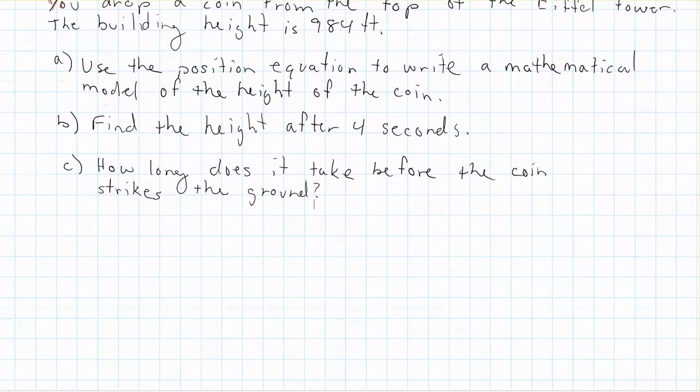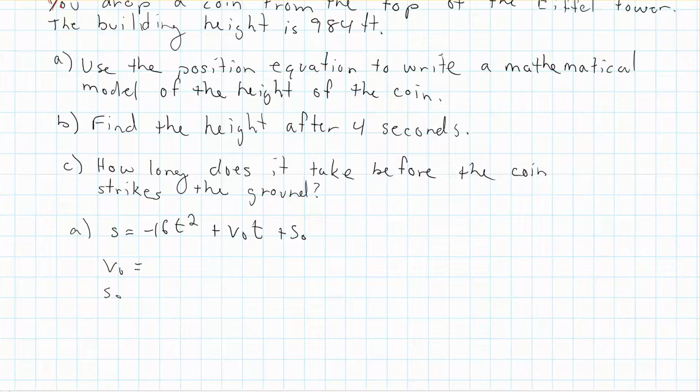Okay, well, first off, the position equation we should be using for part A, this would be s is equal to negative 16 t squared plus v0 t plus s0. And we know we should be using that because my units are in feet. Now, we have to ask ourselves, what is v0, and then also what is s0? Well, we're dropping it.